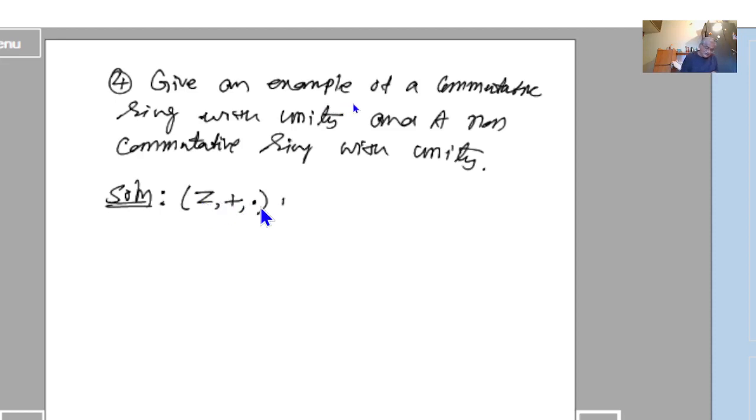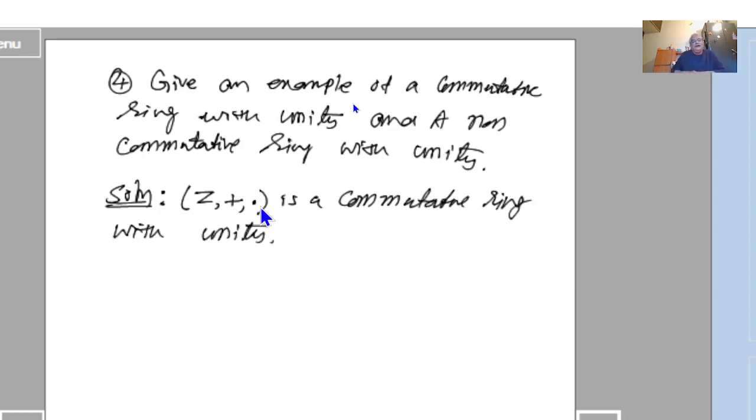This is a commutative ring with unity. And next, I have to give a non-commutative ring with unity, where the commutative law does not hold.